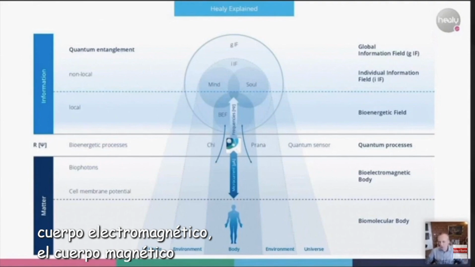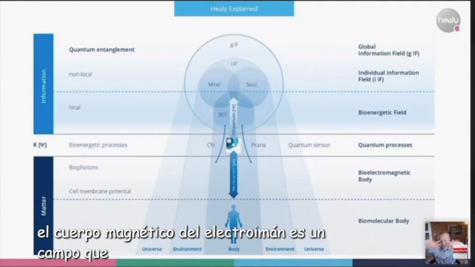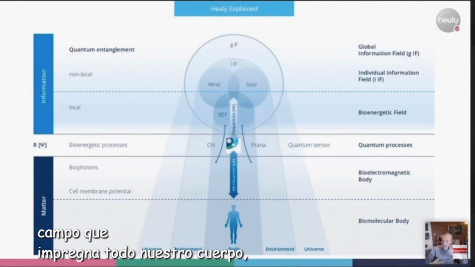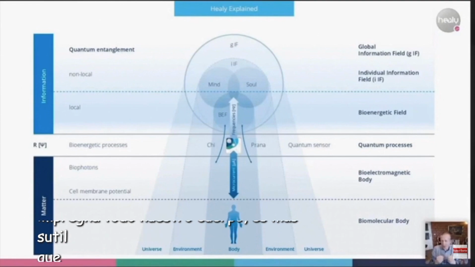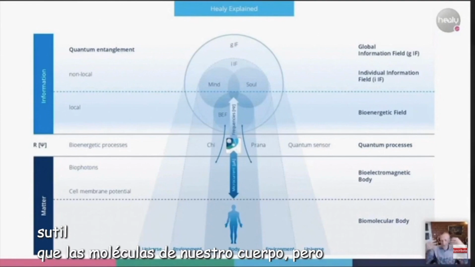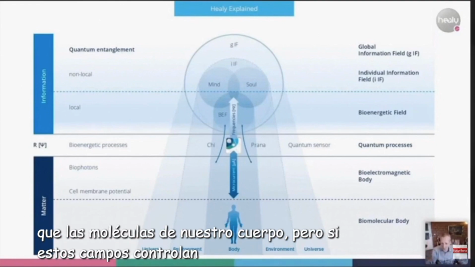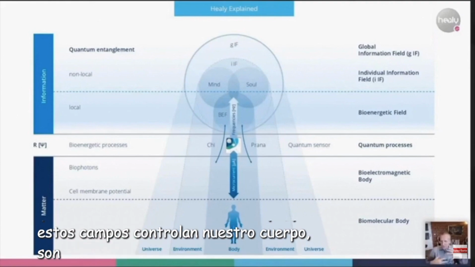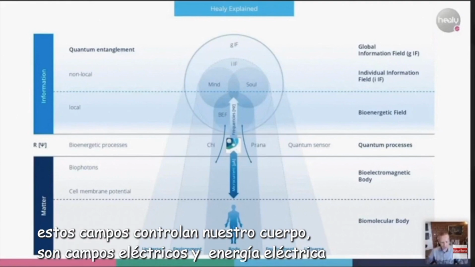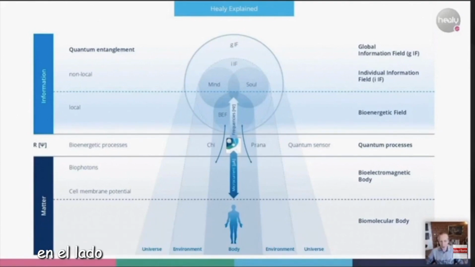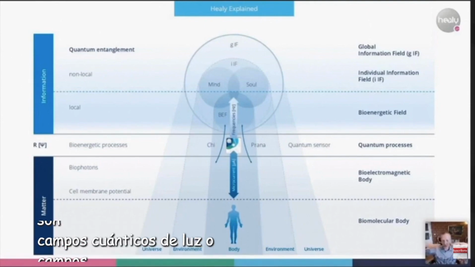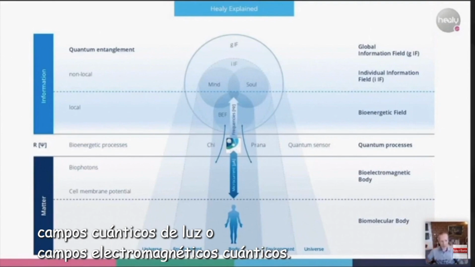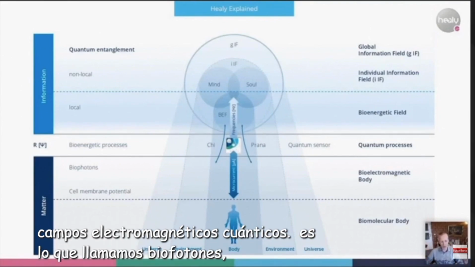The electromagnetic body is a field which permeates our whole body. It's more subtle than the molecules of our body, but these fields are controlling our body. So it's electrical fields and electrical energy on the lower side, and on the upper side, it's quantum fields of light, or quantum electromagnetic fields. This is what we call the biophotons.